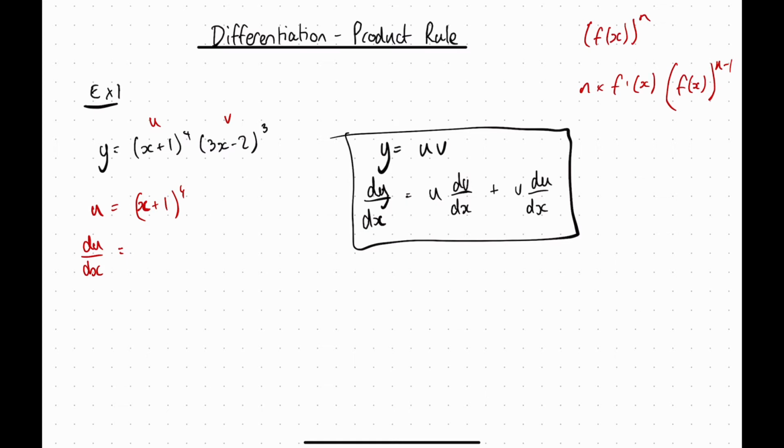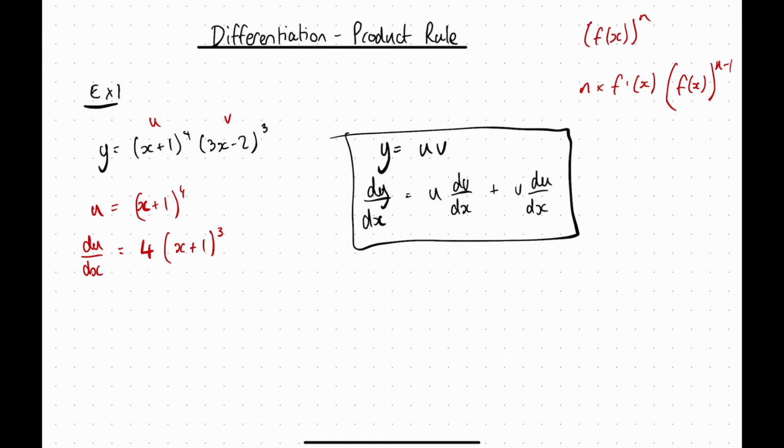So we're going to multiply by the power, which is 4. What's the derivative of x plus 1? 1. So multiply by 1, so we're not going to multiply by anything. So then x plus 1 to power 3. Is that okay?